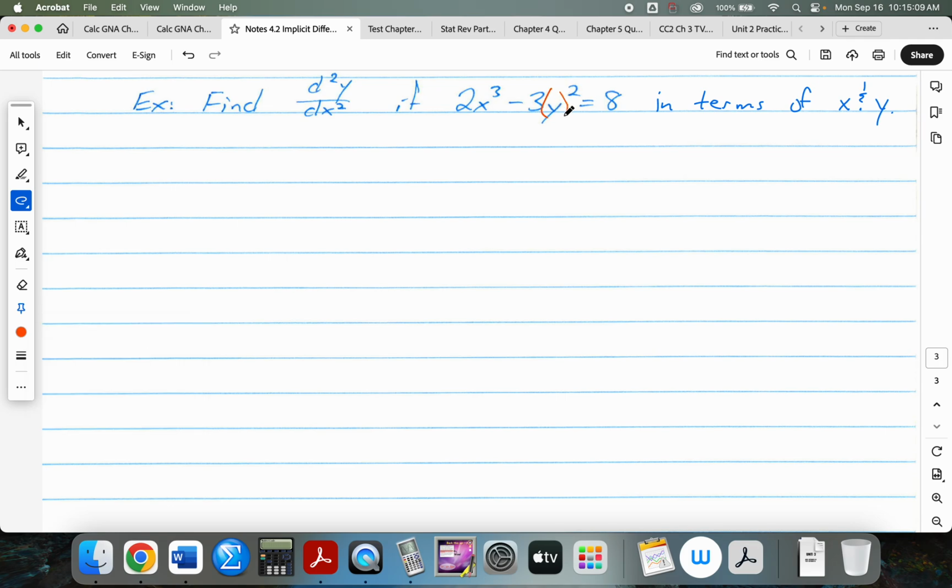So again, I'm going to offset the y in parentheses. So this would be 6x squared minus 6 times y to the first times dy dx is equal to 0.